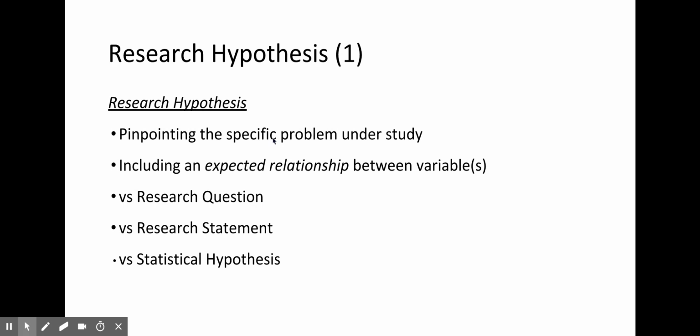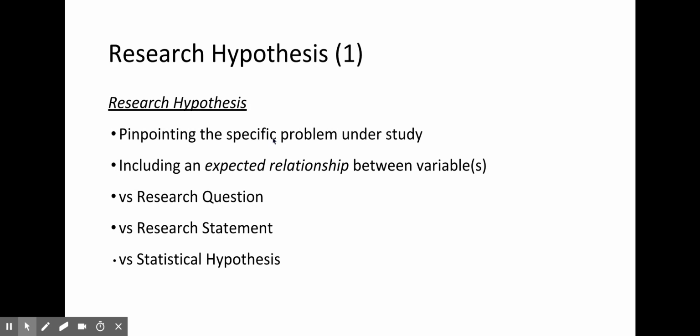So whenever you want to write a hypothesis, you have to be specific. Next, you must include the expected relationship between variables, the key factors. Teaching method is one factor, and student achievement is the other factor, right? If you want to write a research hypothesis, you say the new teaching method improves student achievement over the old teaching method.